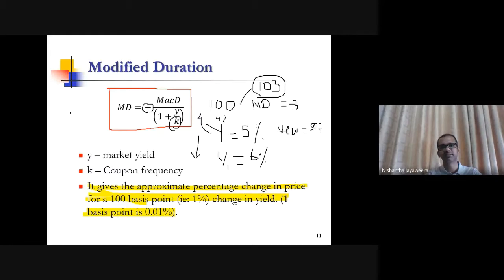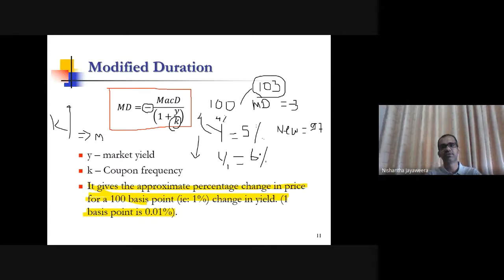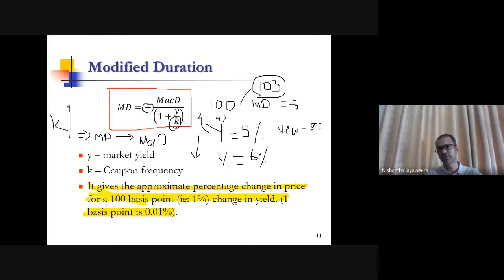In simple terms, when k increases, modified duration increases towards Macaulay duration. When k goes to infinity, y over infinity is 0. So this becomes 1, and it goes to Macaulay duration. So you are taking me to a different level.